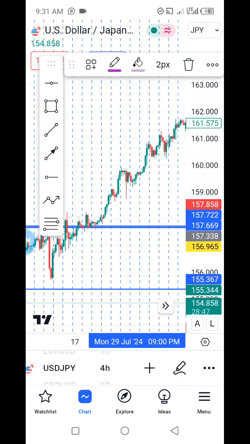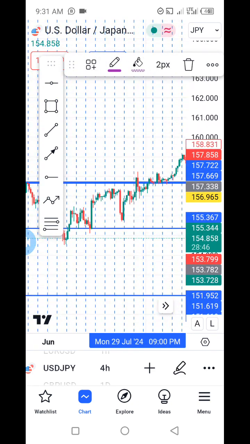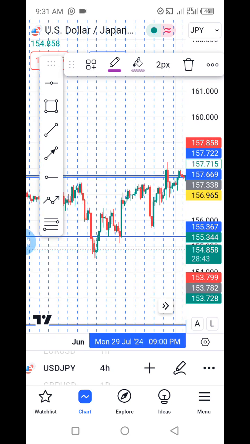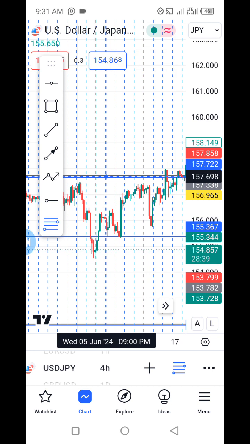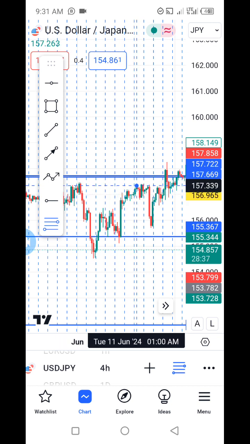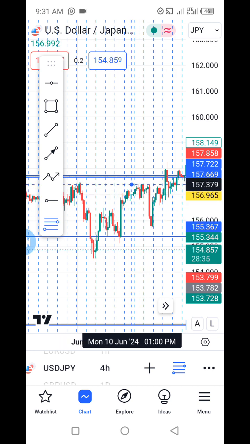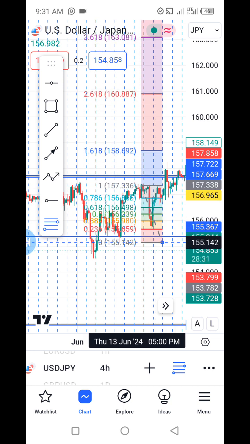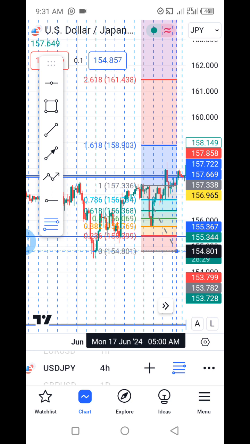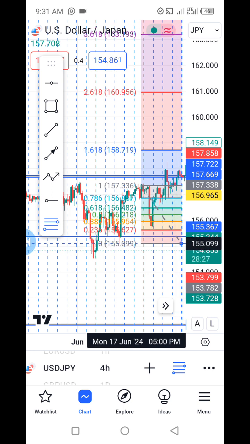As you can see, let me show you how to use it here again. So you're just gonna draw from your pullback like this, draw from the above here, then wait for price to get to your point of interest, which is that 23% zone.